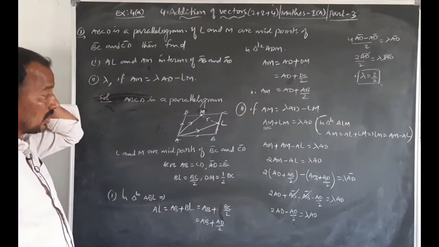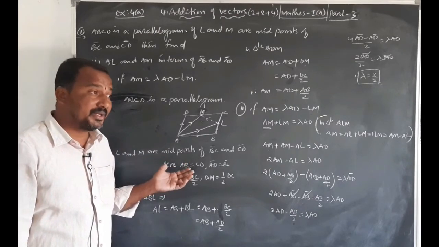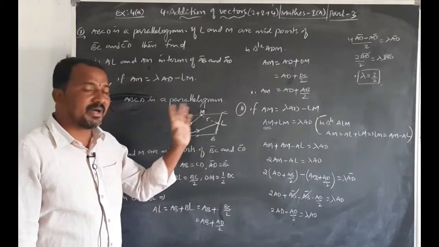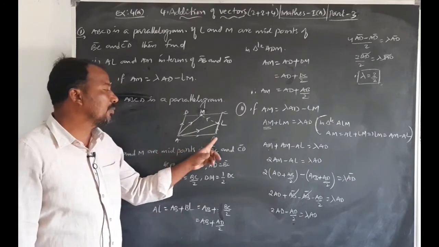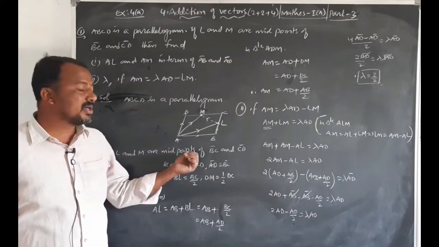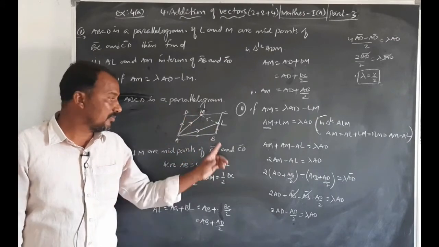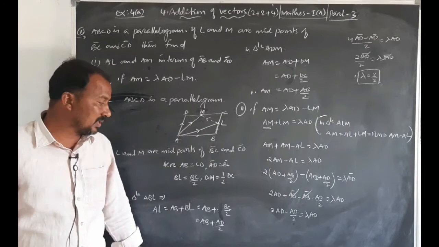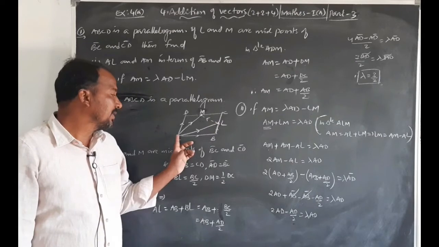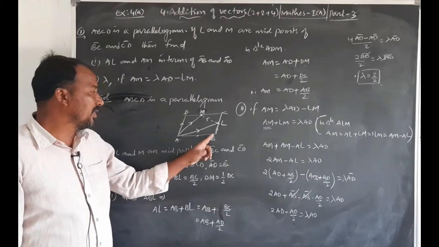ABCD is a parallelogram. Parallelogram means opposite sides are equal and parallel. So AB equals CD or DC, AD equals BC. Given L and M are midpoints of BC and CD respectively.